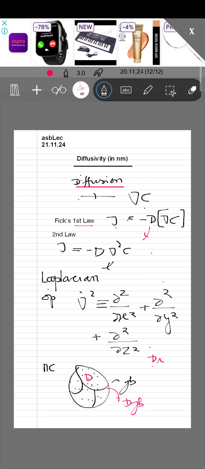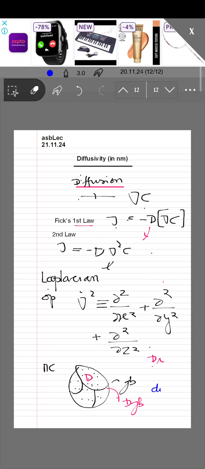And since there are a lot of defects in the grain structure, including the grain boundaries, like dislocation, half plane of atoms, dislocation, and the surface itself. These are all considered to be defects.